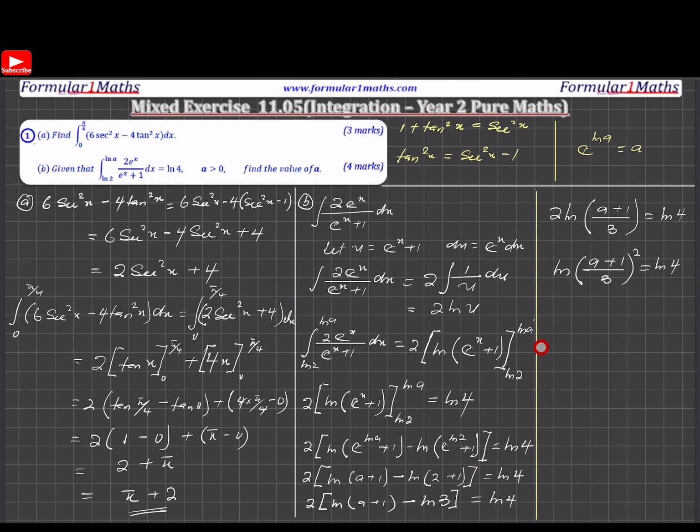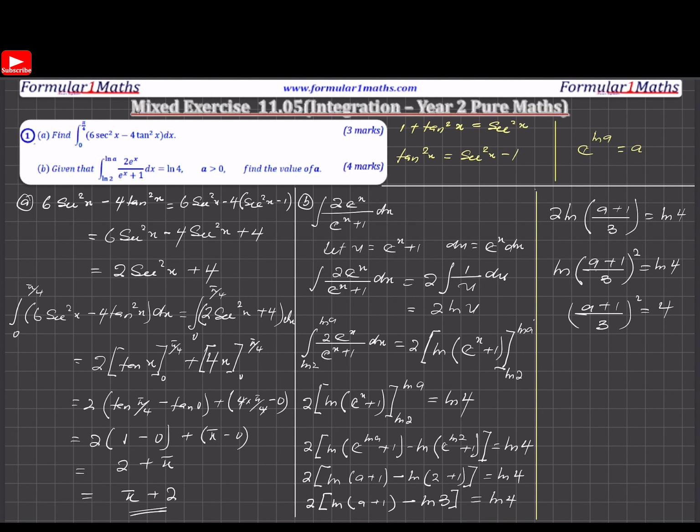So because we have ln of a plus 1 over 3 all squared equals ln 4, we can say that a plus 1 over 3 all squared is equal to 4.